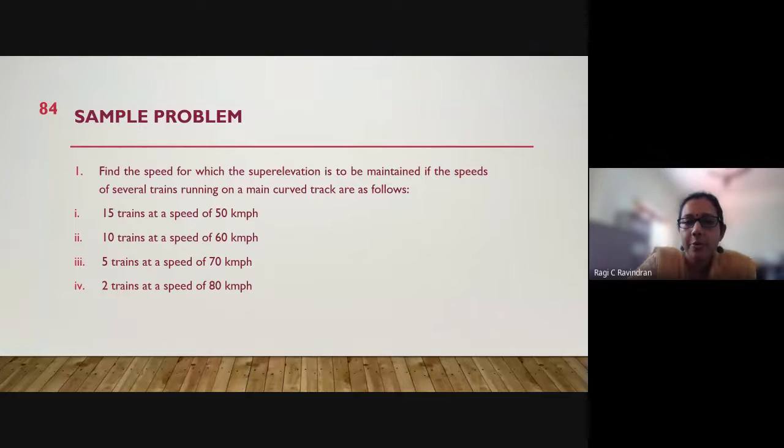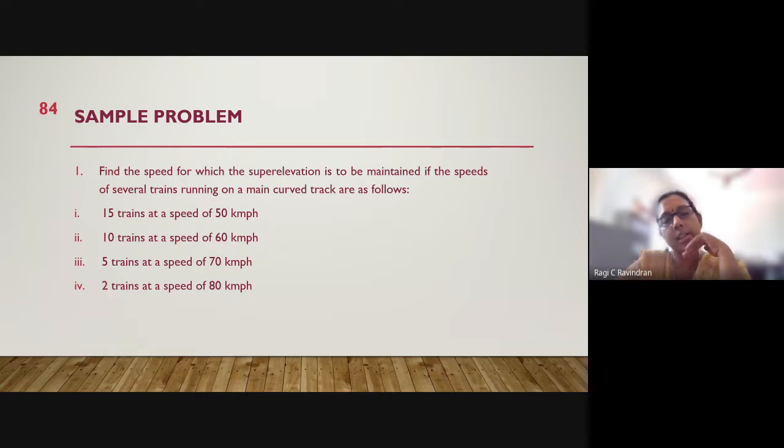Find the speed for which the superelevation is to be maintained if the speeds of several trains running on a main curved track are as follows: 15 trains at a speed of 50 kmph, 10 trains at a speed of 60 kmph, 5 trains at a speed of 70 kmph, and 2 trains at a speed of 80 kmph.